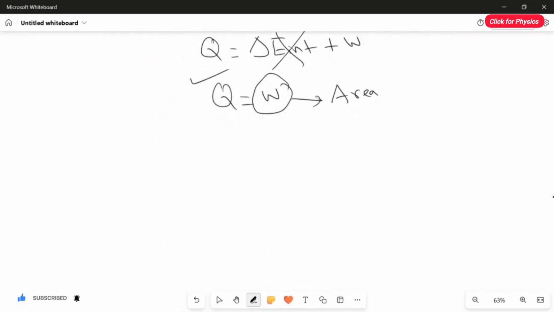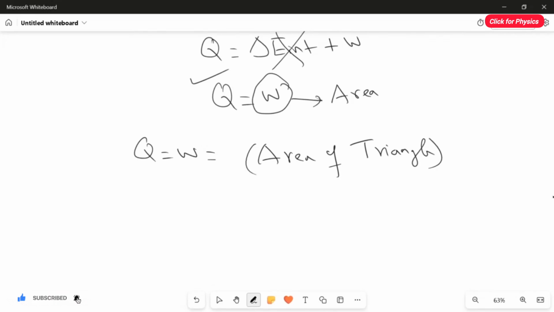So Q is equal to W, which is equal to the area of the triangle. And since the direction of the process is counterclockwise, we have to put a negative. So negative of the area of the triangle, half base multiplied by height. The minus I can just leave as it is.